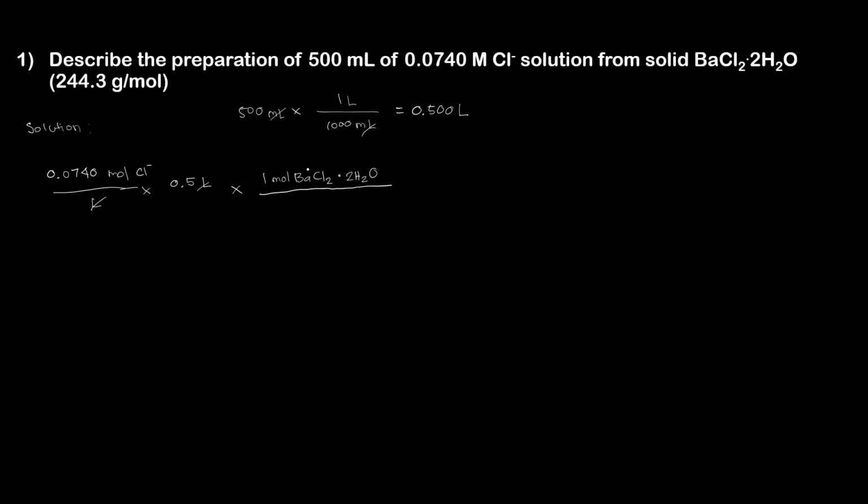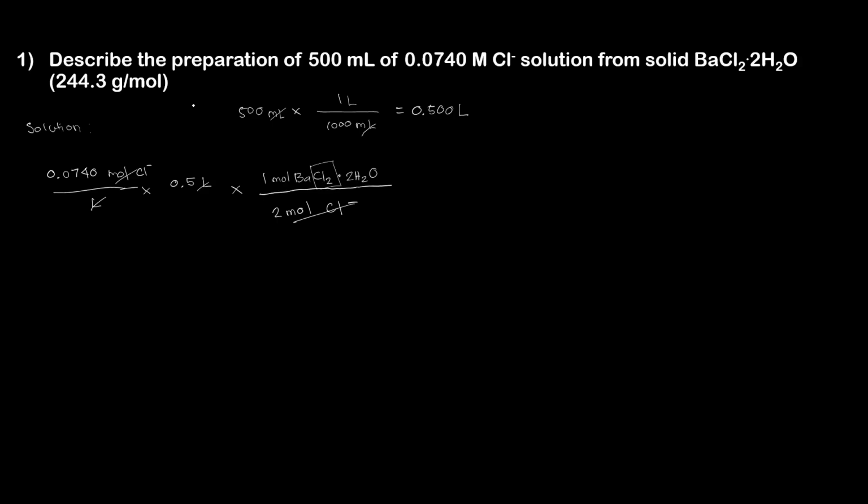Let's focus on the chloride. How many chloride? There are 2. So it requires 2 moles of Cl minus, which means there are 2 Cl ions in 1 BaCl₂·2H2O. I hope you get that. Now we can cancel mole of chloride ion and we are left with mole of BaCl₂·2H2O.